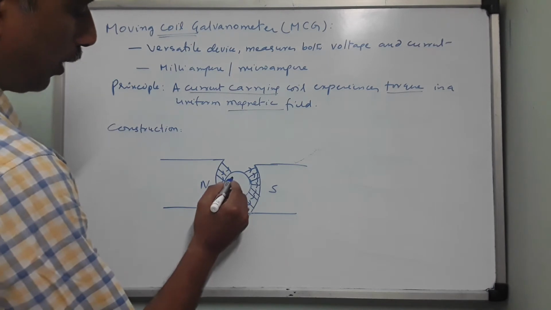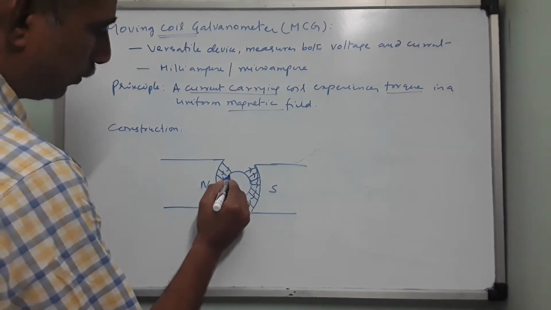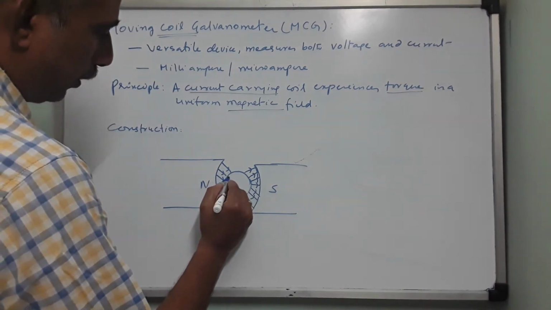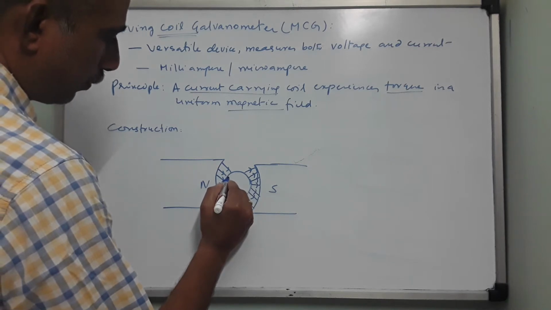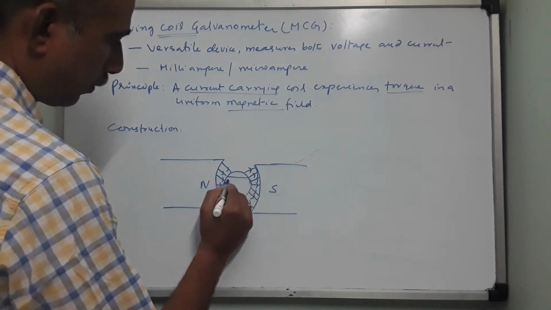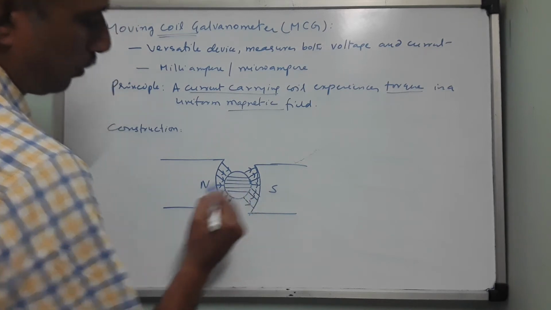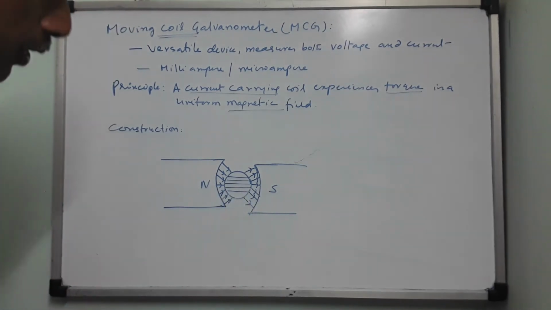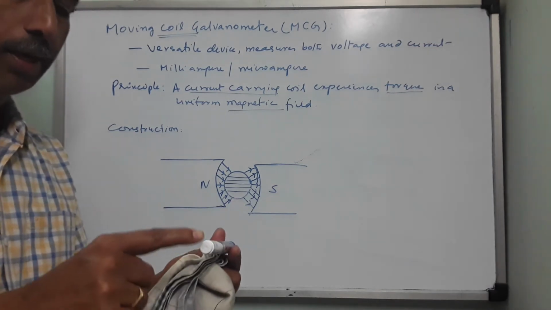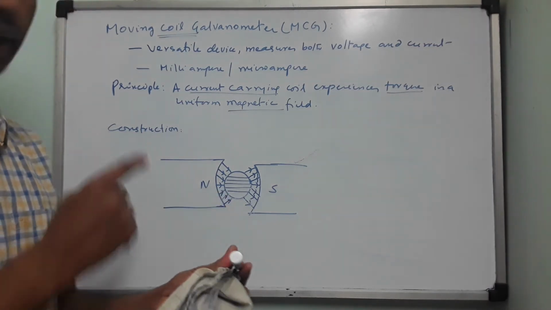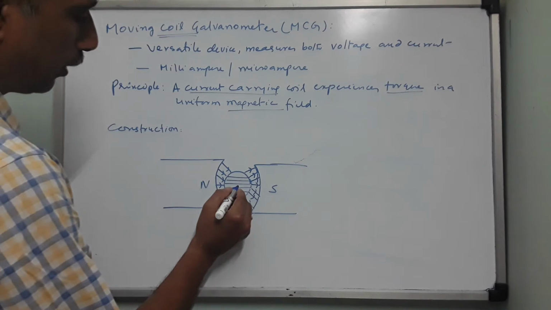Now here I have the turnings of the coil. These are the turnings. The cylinder is an entire cylinder. It will go like this, it will come like this, it will go like this. Now at the center there will be a pivot.